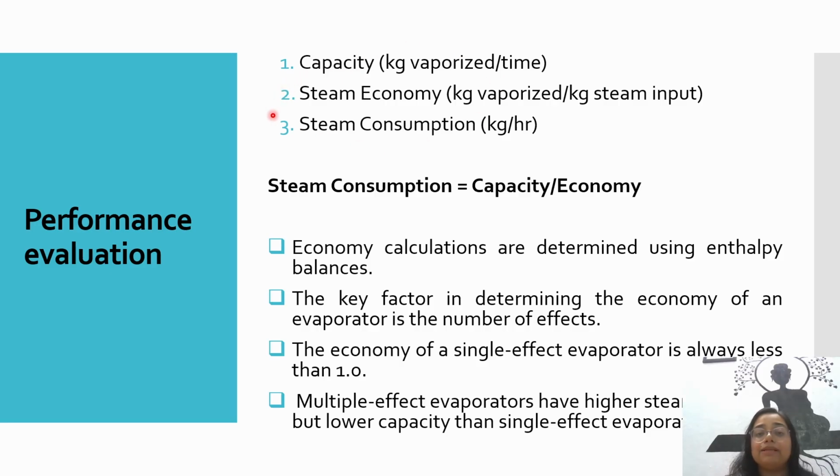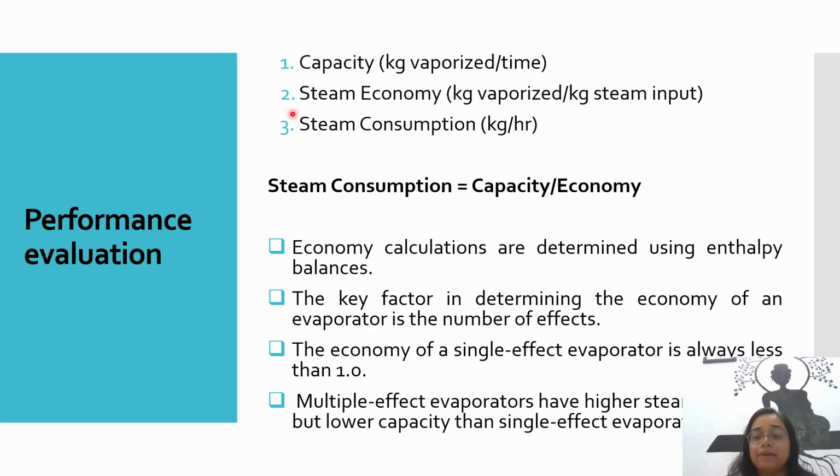The next important term is the steam economy. What is steam economy? That means how many kg of water has been vaporized per unit kg of steam input. Suppose we have given 1 kg of steam input. For 1 kg of steam input, how many kg of water vapor has been produced, or how much water has been vaporized? It is not that we give 1 kg of steam and produce 1 kg of water vapor. It does not happen like that.